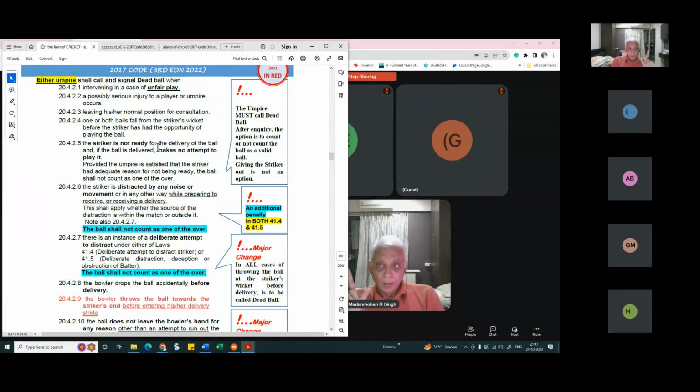We save him. But here it is possible that there is a distraction, a loud big bang goes up in the pavilion while preparing to receive, and he is distracted by that. The umpire is instructed to protect the striker in this case. This shall apply whether the sound is one of the things given here, and the ball shall not count in the over is adequate reason. All right.